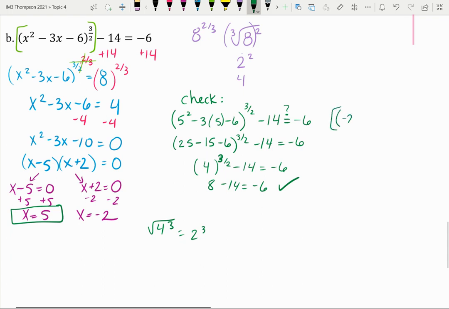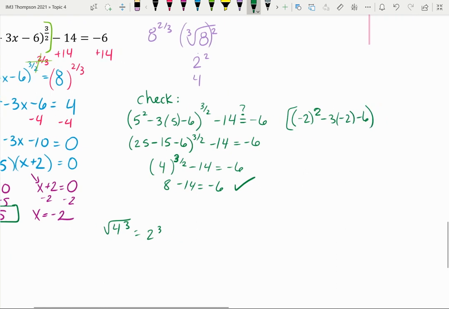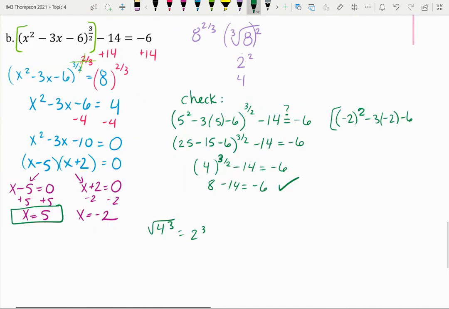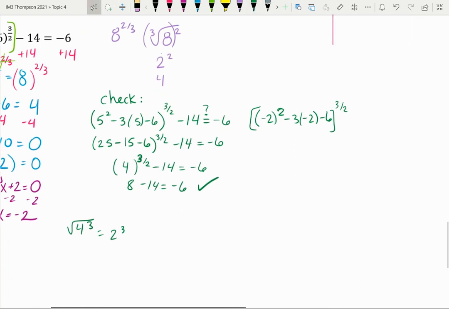So let's see. I've got -2 squared minus 3 times -2 minus 6. Ooh, I'm going to need some more room. To the 3/2 minus 14. And I want to know, is that -6?